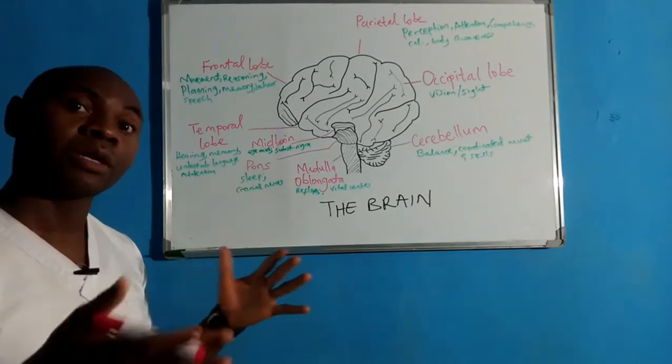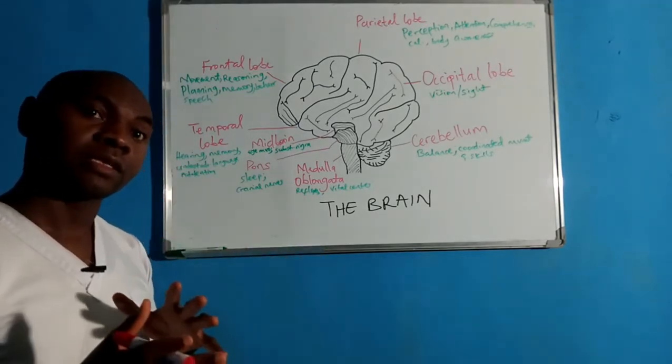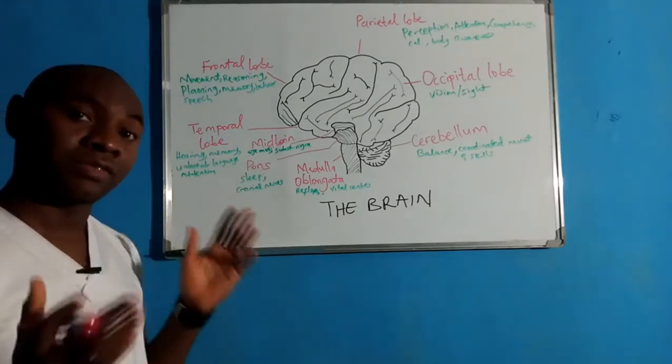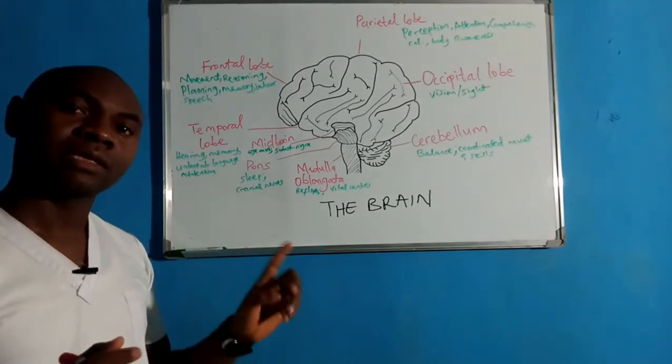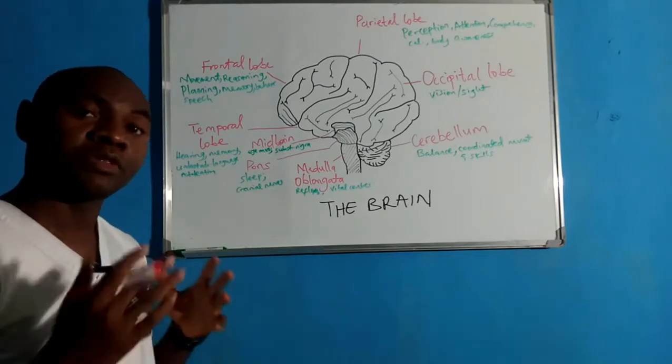However, in some people, the right part of the brain dominates while the left part is less dominant, that is recessive, and vice versa. Another thing we should understand is that the right part of the brain controls the left part of body movements.